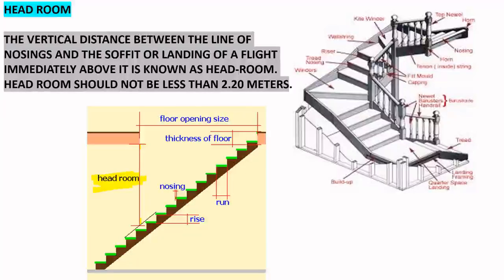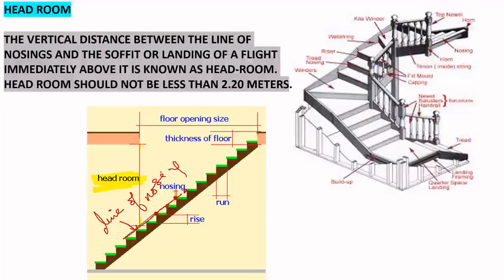It is the vertical distance from the line of nosings. See this line is called the line of nosing. The reason is, this tip, this edge, is the nosing. The line joining the nosings is called the line of nosing.